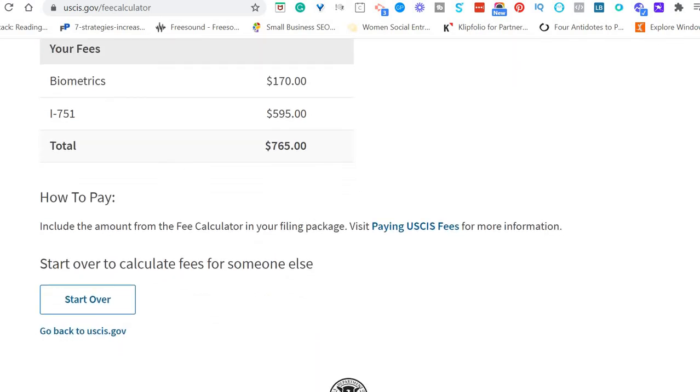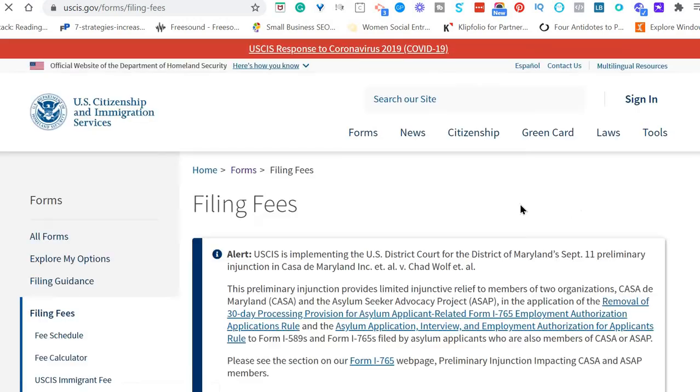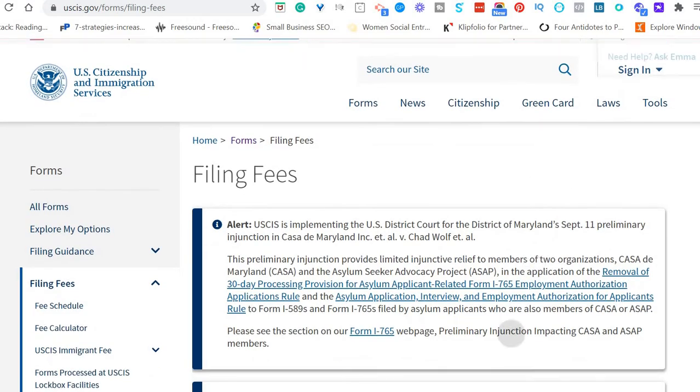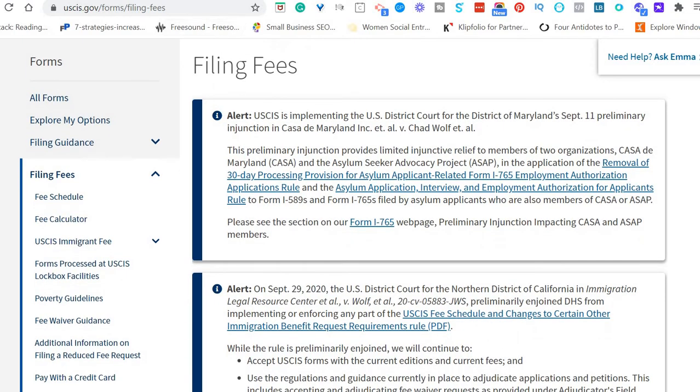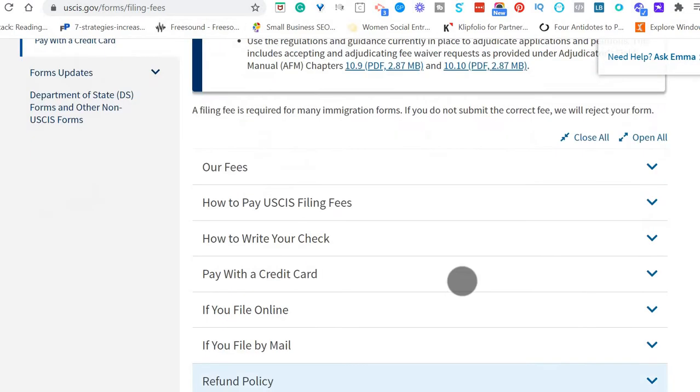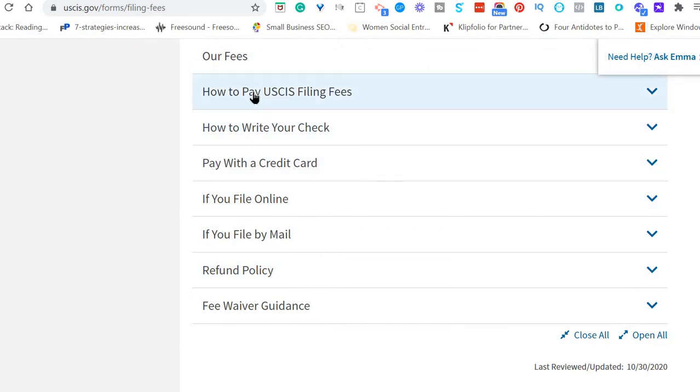So I'm going to click on this link, paying USCIS fees, and then it will lead me to another page. If I scroll a little bit down, now I can see here the question, how to pay USCIS filing fees.